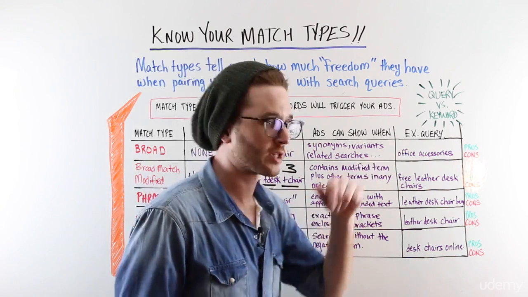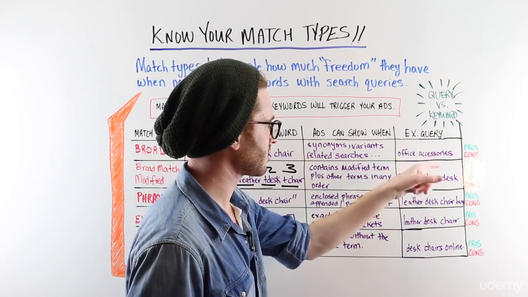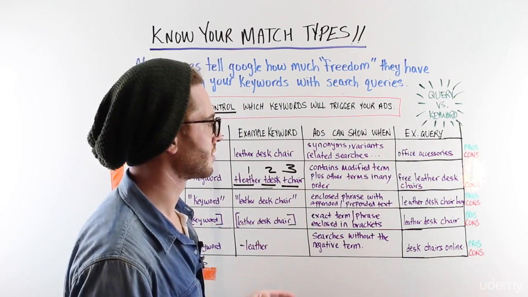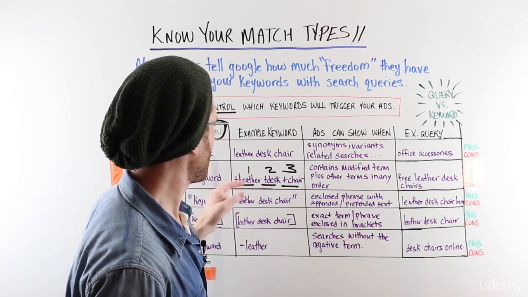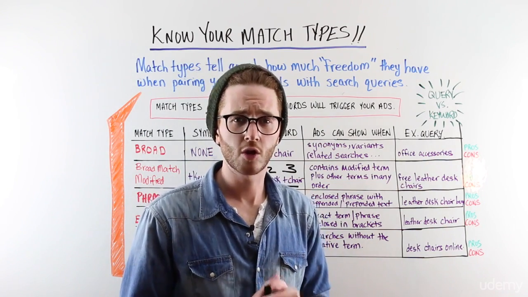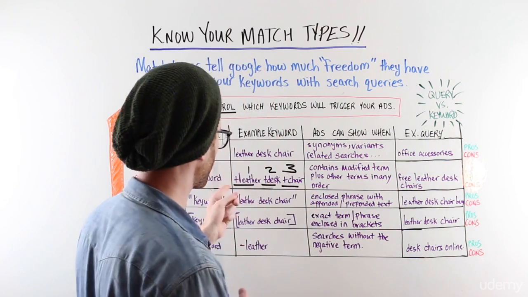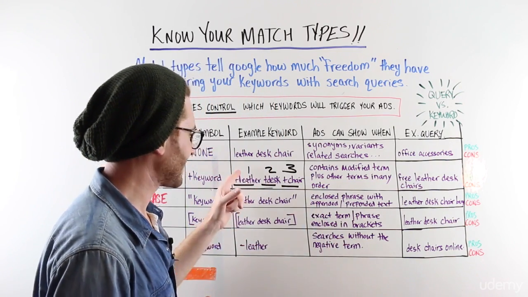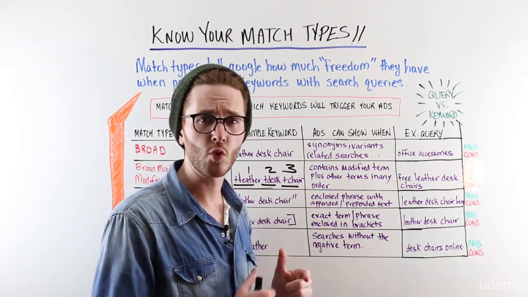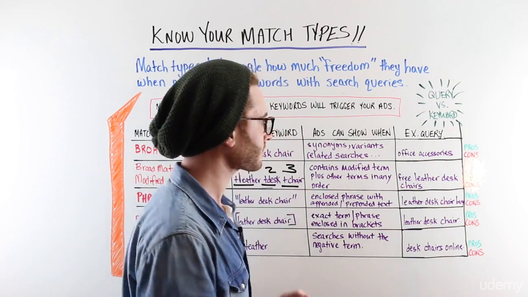So office accessories is out. Office accessories, that query does not contain any of my modified terms, so it will not show. If the query was office desk chair, it would not trigger this broad match modified term because leather is not in the query. If leather is a modified term in my keyword, it has to show up in the query.